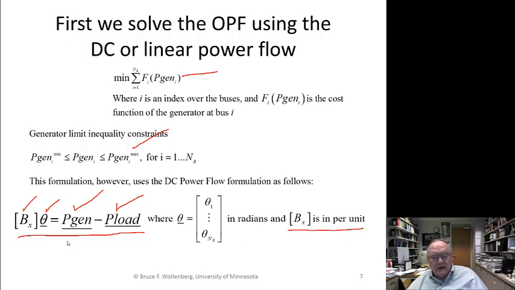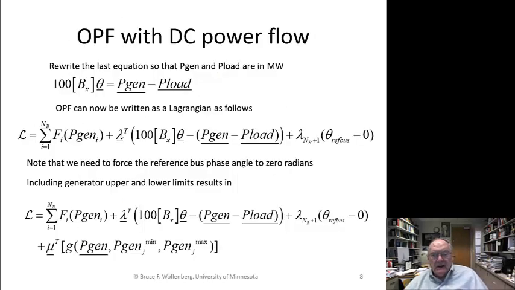Now that means that if B sub x is in per unit and these are in per unit, then we have to change something because we like to keep the rest of the economic dispatch items in megawatts. So I'm simply going to multiply by 100. That says that these two quantities are now megawatts. This is still radians. This is in per unit, but 100 times it makes this whole thing balance out.